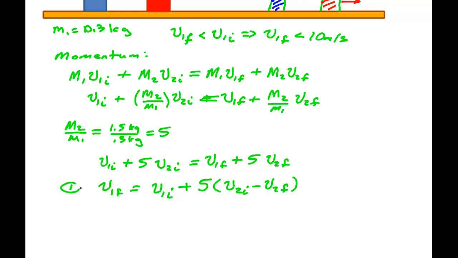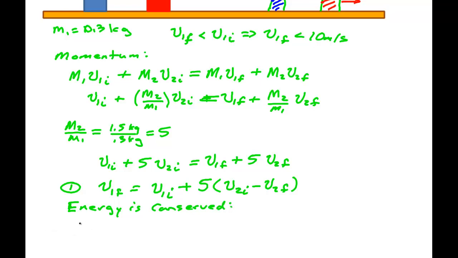And that's equation 1. Now, I have too many unknowns in that equation to solve it. I can't solve for V2F, and I can't solve for V1F, because I have one equation and I don't know the speed of block 2, the red block, nor the final speed of the blue block. But it says it's an elastic collision, so we know also that energy is conserved, which will give me another equation.